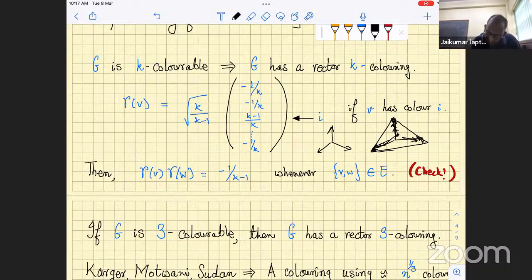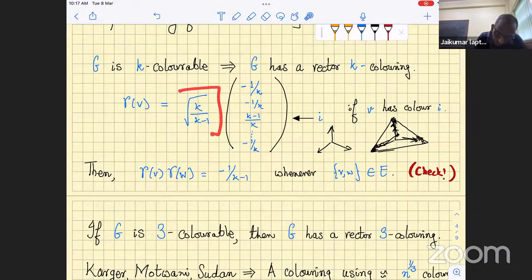So if your original vectors were 0, 0, 0, 1 in one coordinate and 0 elsewhere, you subtract 1 over k from all of them. Where you had 0, you start getting minus 1 over k, because the centroid was 1 over k, 1 over k, 1 over k, 1 over k. And where you had written 1, you would get k minus 1 by k.